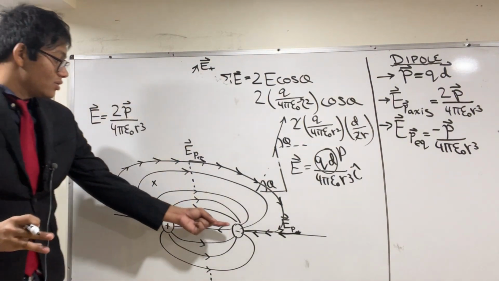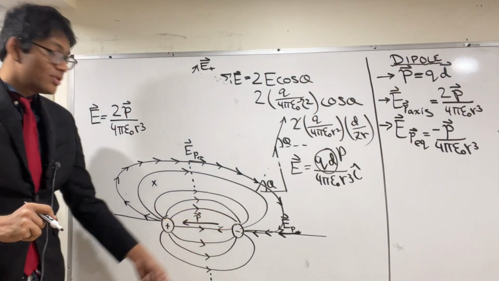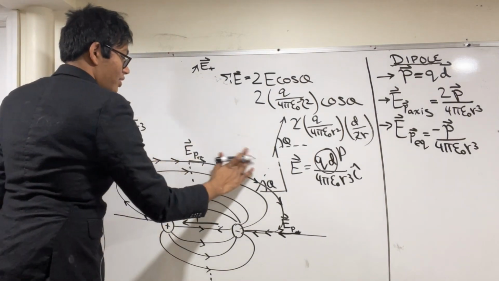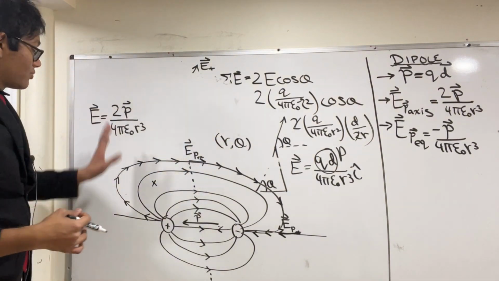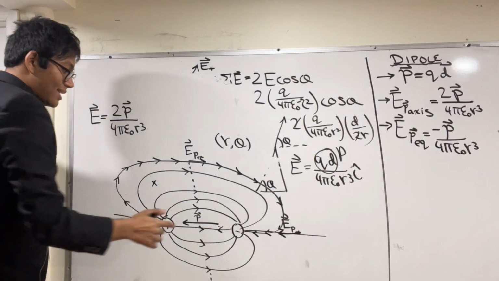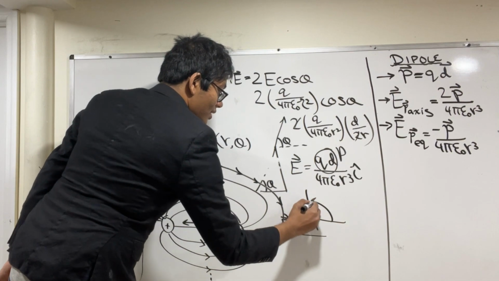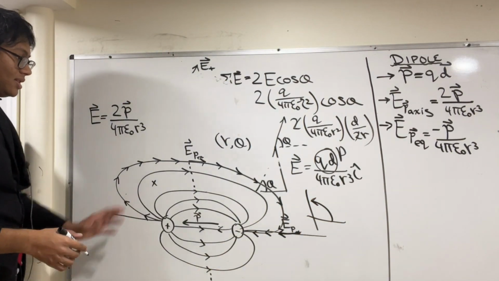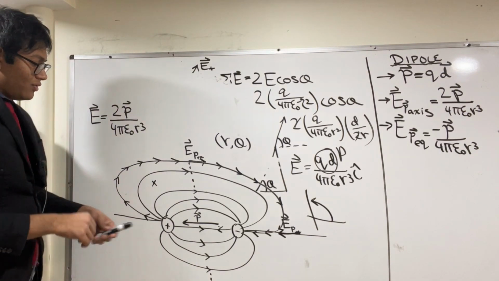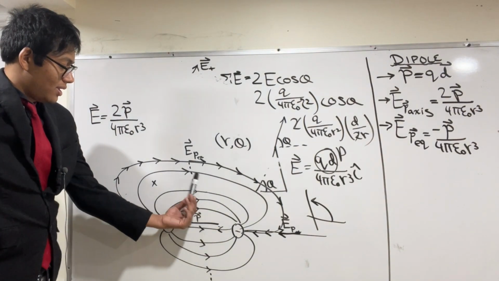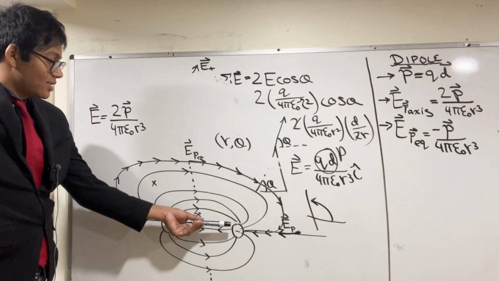Now as I go, let's introduce two variables, r and theta, that are going to help me calibrate how I'm going to combine these two. So theta is just going to be this angle from here to here. It's just going to be the angle as I move up. So now as I move up in this polar angle, which electric field is going to increase?